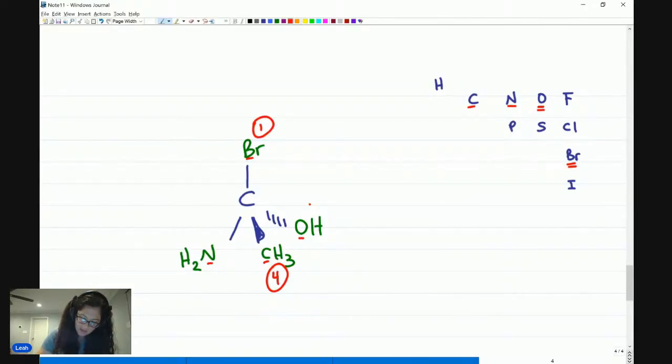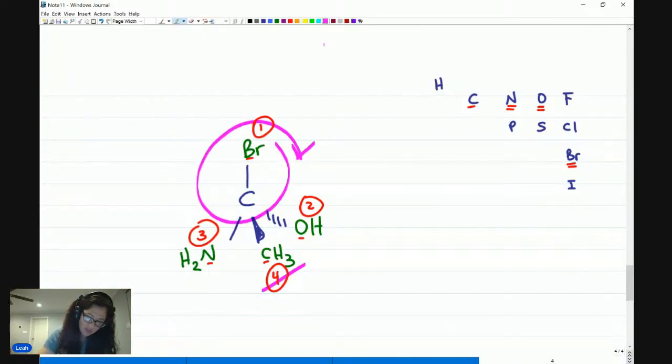Oxygen is number 2. Nitrogen is number 3. Number 4 is coming forward. So we're going to follow the steps and then reverse it. We have number 4, cross it out, trace an arc from 1 to 2 to 3, and then reverse it. This molecule is S.